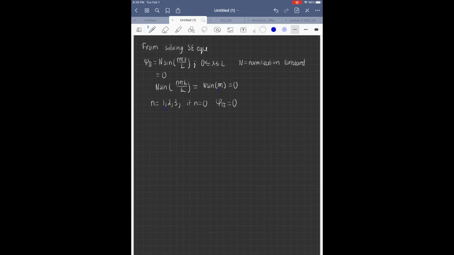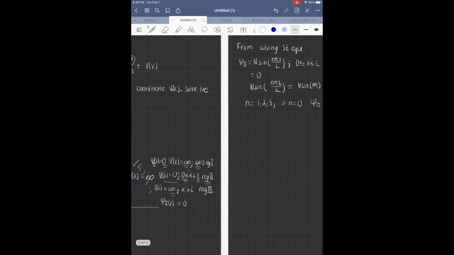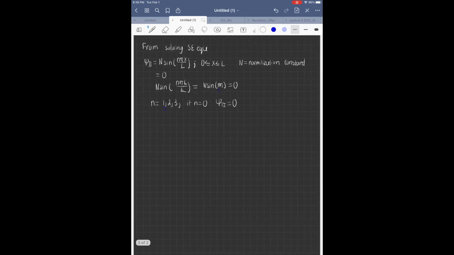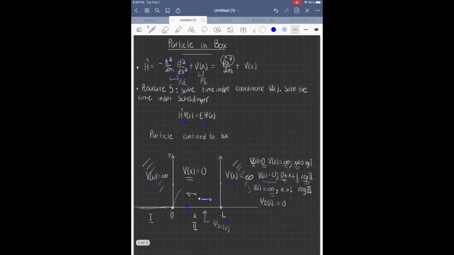The wave function can't be nonzero at the barrier, at the edge of the box, so it will be 0. And also because it has to be connected, the wave function outside is 0, so it has to be connected at 0. So inside the box it must go towards 0 here. At 0, sine of 0 equals 0. So that allows us to have that wave function be possible in that box.